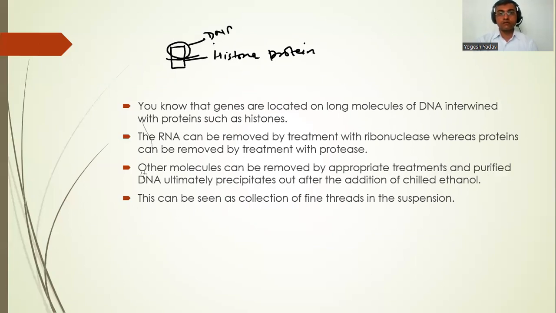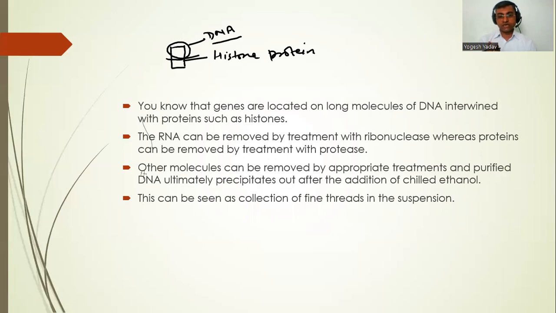So whatever DNA we have obtained after fracturing the cell will also not be in a pure form. There will be impurity of protein, and certain RNA will also be present there.